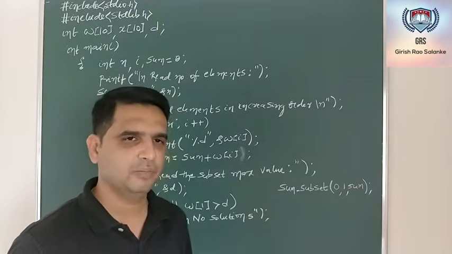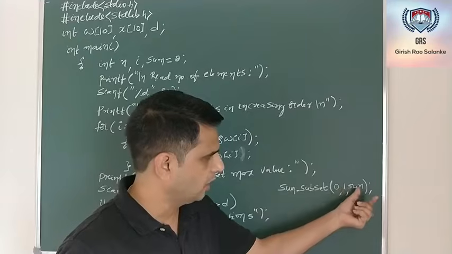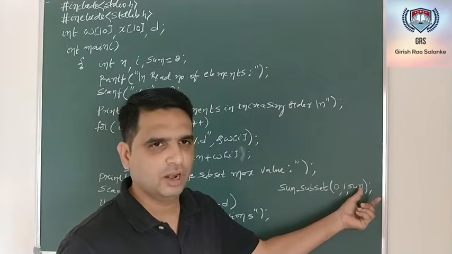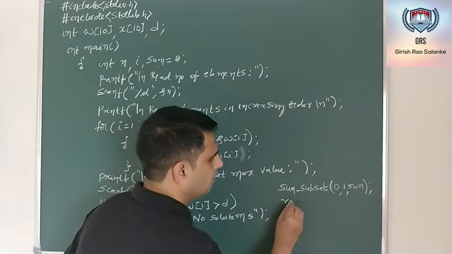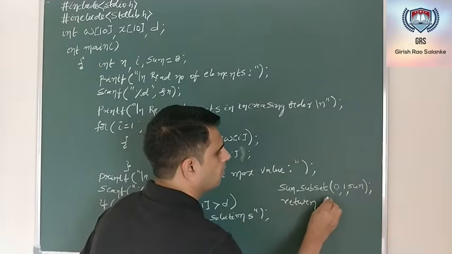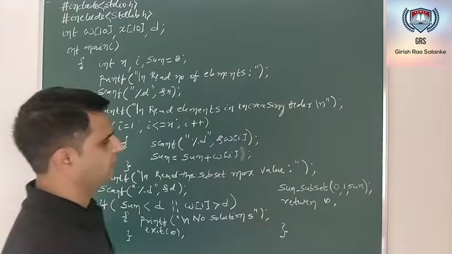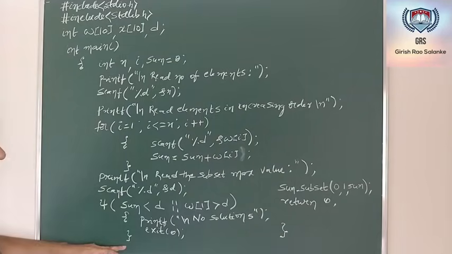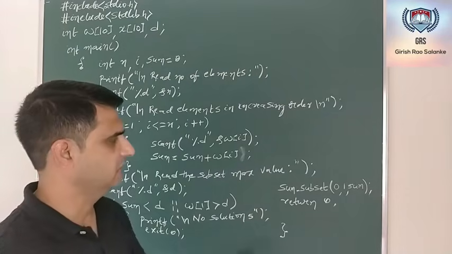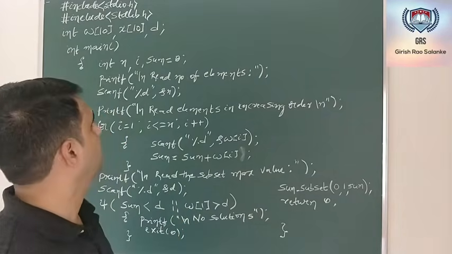If you remember the state space tree, I was passing only 2 arguments, 0 and the total sum. I was not passing this k. Return 0. Close the main function. This was about the main function.